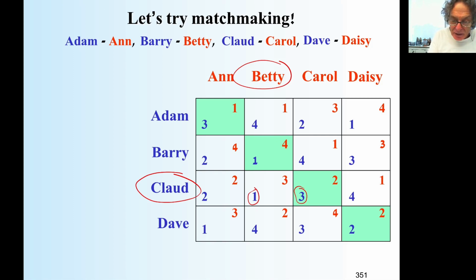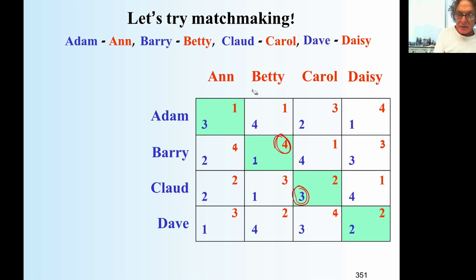Betty got Barry, number 4 on her list. Claude is better for her, number 3. So Claude and Betty, by going together, both of them can improve their situation. Claude gets, instead of number 3, number 1. And Betty, instead of number 4, she gets number 3. This is not a stable matching. Okay?